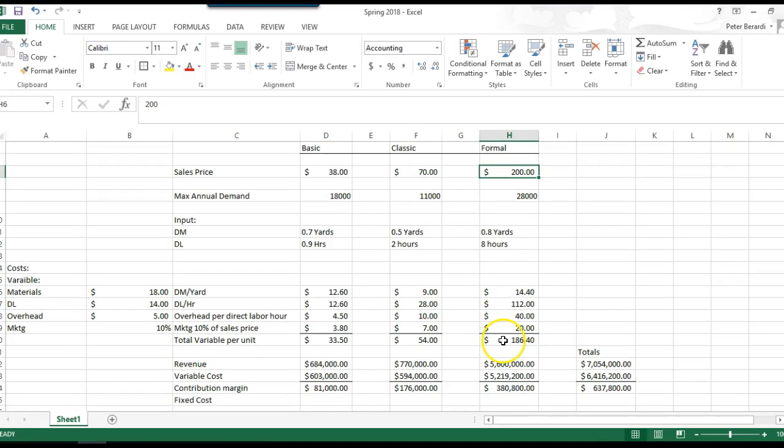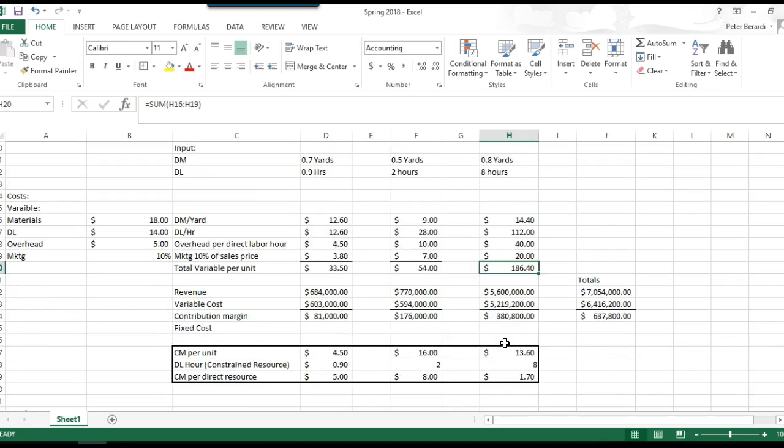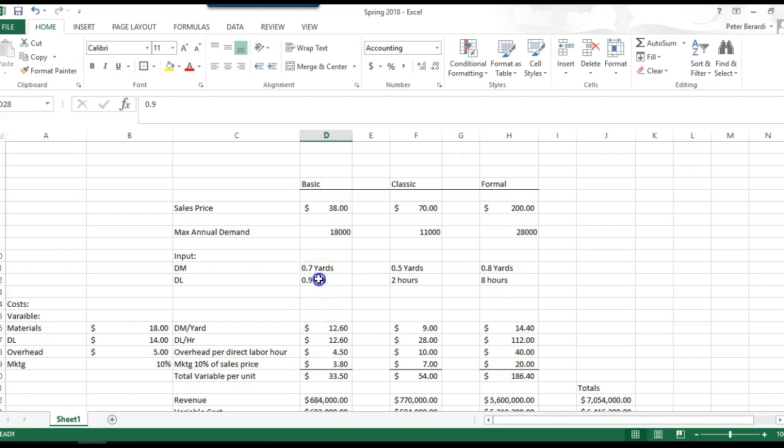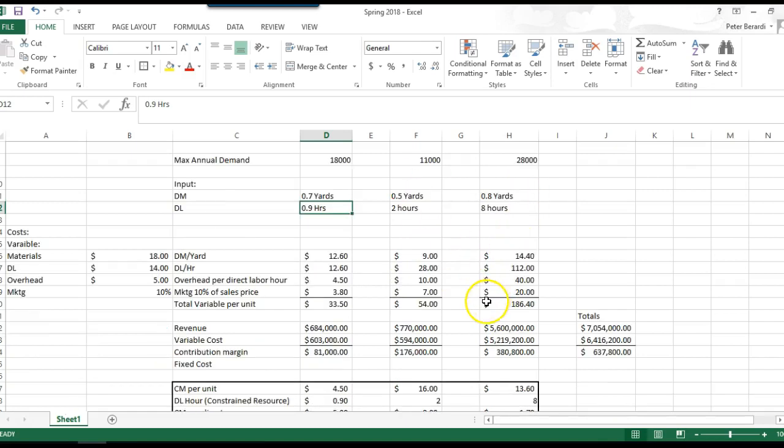You could have taken 200 minus the 186 to get a $13.60 contribution margin per unit. The constrained resource in the problem is the direct labor hours, and we know that it takes 0.9 direct labor hours to make one basic shirt, 2 hours to make a classic, and 8 hours to make 1 unit of formal shirt.